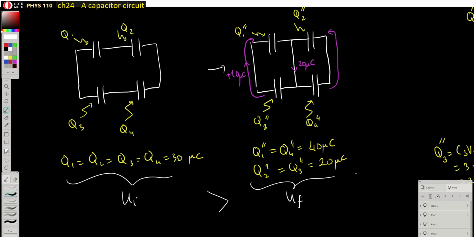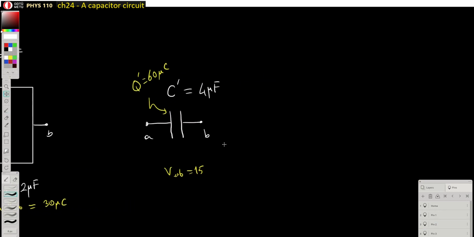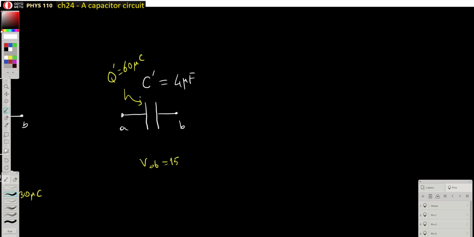Right? Let's just do the calculation. This was the initial configuration. I said that I can think of all of the 4 capacitors in the initial configuration as one equivalent capacitor with a capacitance of this much, and it has this much charge, and this was the potential difference. So the initial potential energy can be written as the equivalent capacitance of the system multiplied with the potential difference squared.